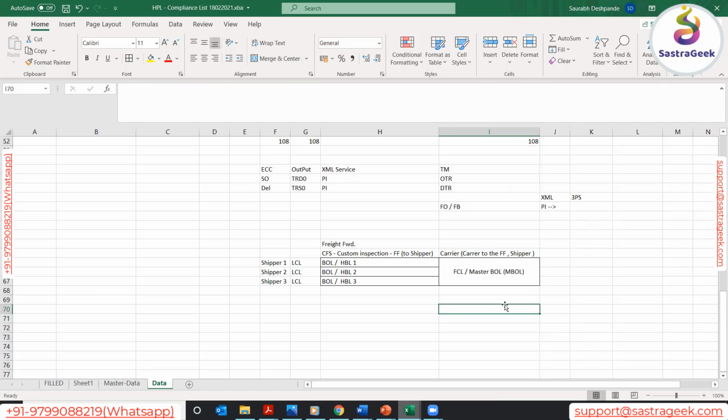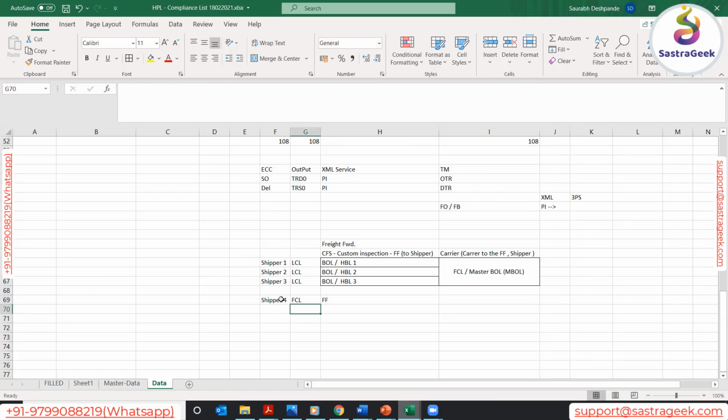Now there is just one more point which I want to explain. If shipper 4 comes, he gives an FCL to the freight forwarder.